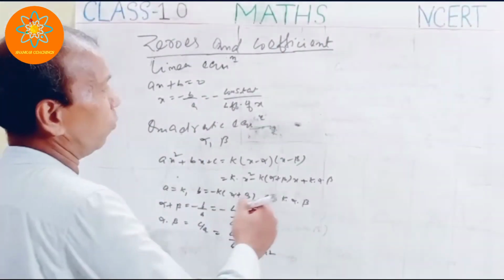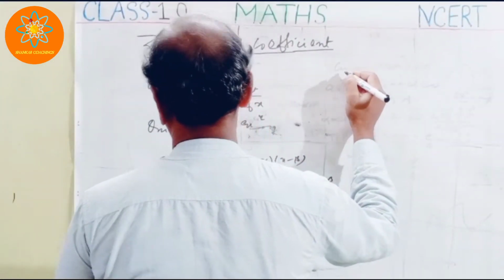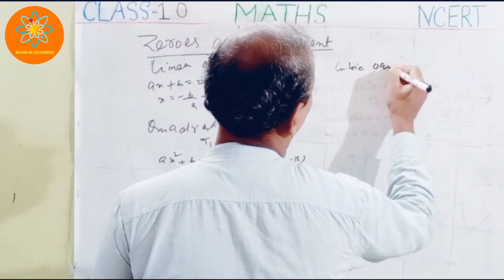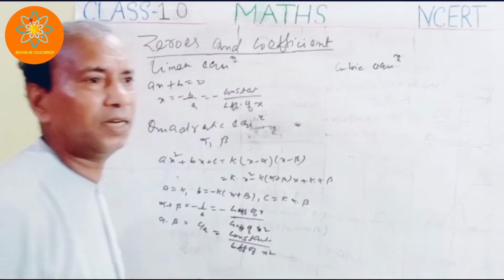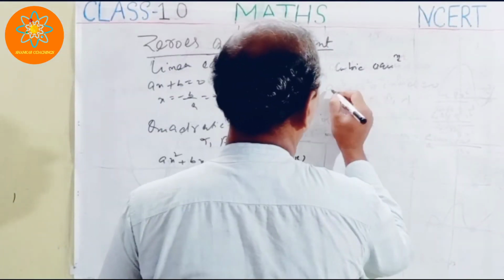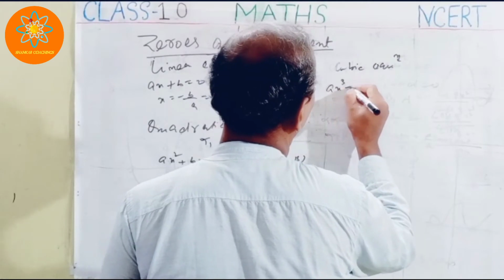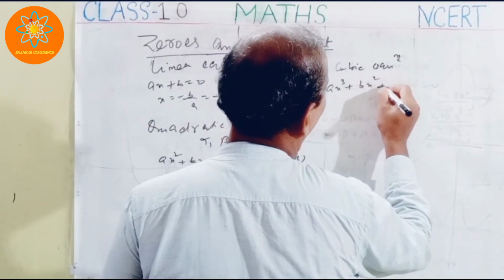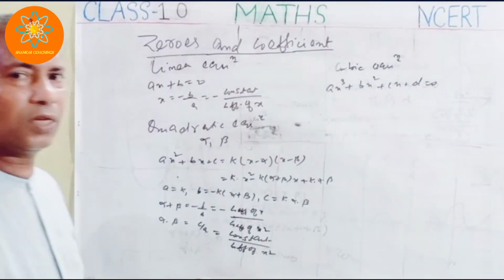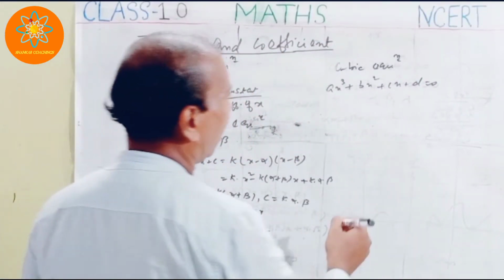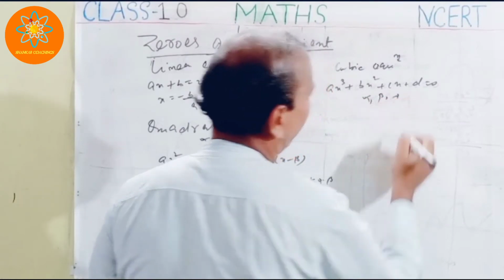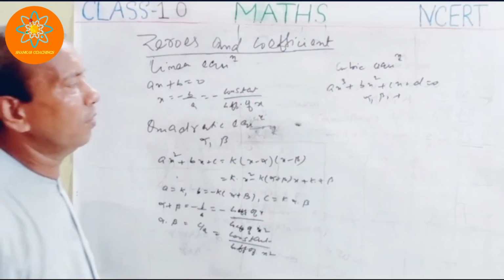Now we will see the cubic equation. After linear and quadratic, we will see the cubic equation. Since it is degree 3, 3 roots will be there. First of all, I am writing the general form ax cube plus bx square plus cx plus d is equal to 0. This is the cubic equation. Since it's a cubic equation, alpha, beta and gamma are the 3 roots of this equation.